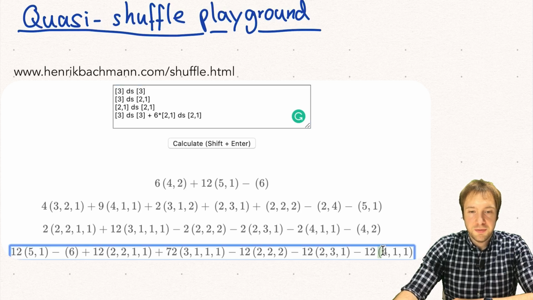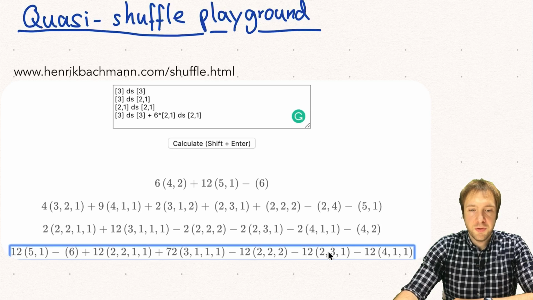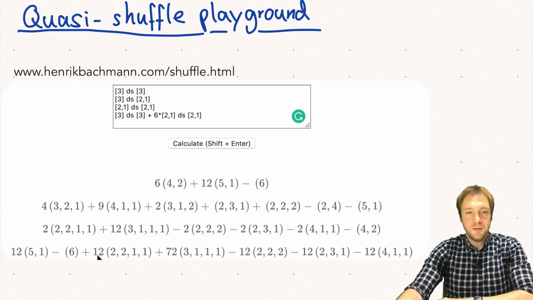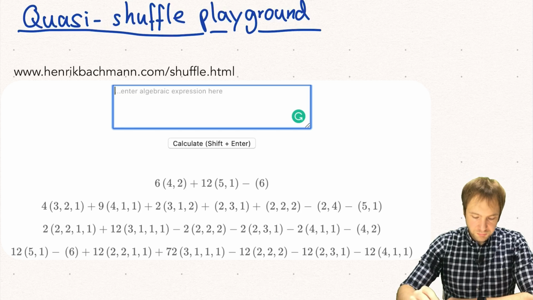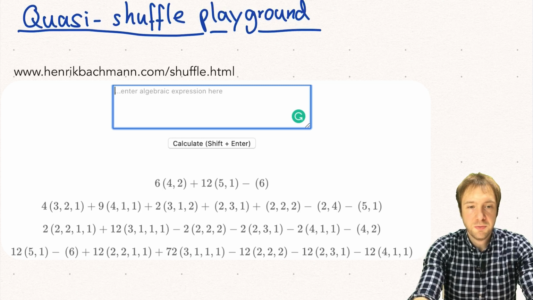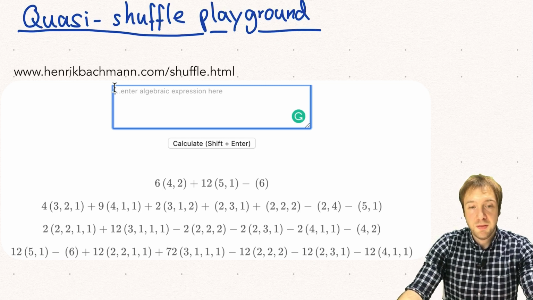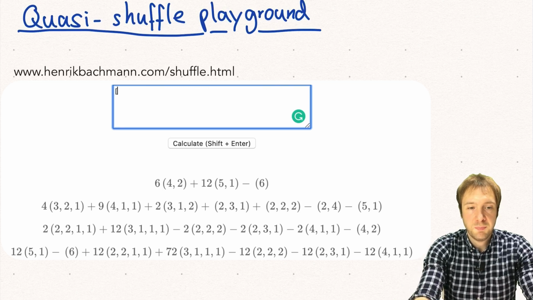If you replace these indices by zeta of 4, 1 and zeta of 2, 3, 1 and so on, you see that all these give you linear relations. You can play around with this. What I also implemented here, which we will see next time when we talk about quasi-shuffle products, is the product of these q-series G, which is called G-stuffle.